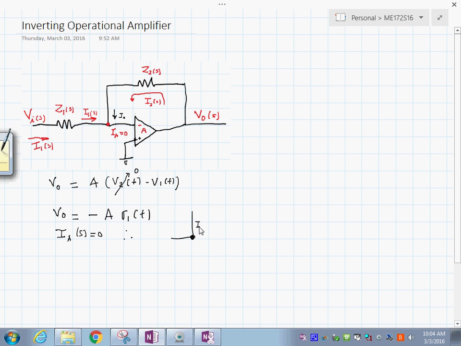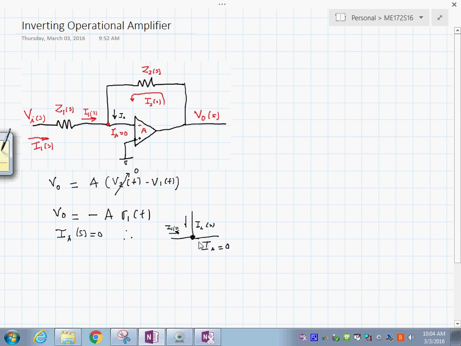Let's say that you have it this way. Basically, if you have it that way, you will say that I2 of S plus I1 of S should be equal to I sub A, which in this case is 0.